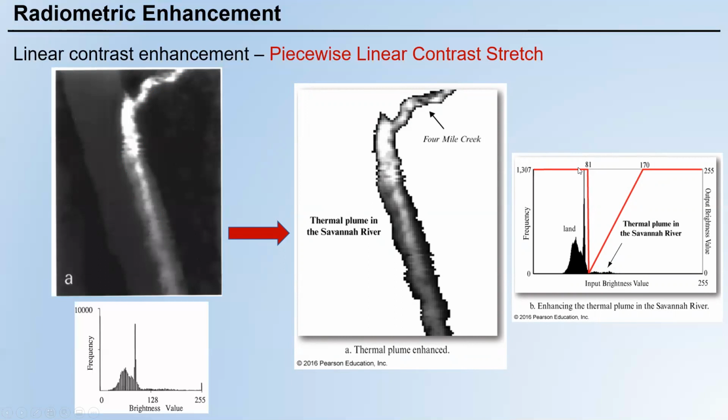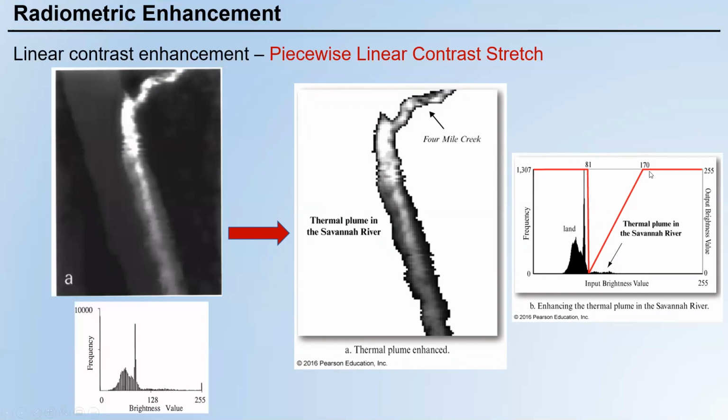So any pixels with a smaller value than 81 will be given 0 in the output image, which means the land pixels and pixels for Savannah River are all 0. I don't care about them anymore. So in the image, they should be totally dark, or say pure black.